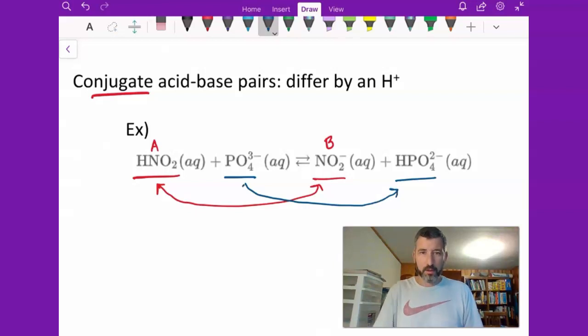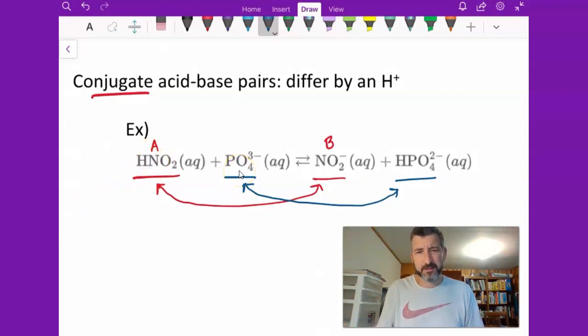Now, also by process of elimination, we can figure out which of these two guys are acid and which are base. Basically because on the same side of the equation, you have to have one of each. You have to have an acid and a base. And we already have an acid, HNO2, so this must be a base.